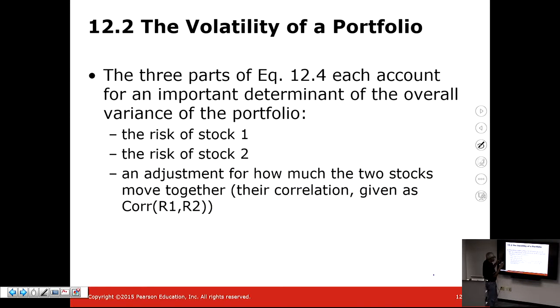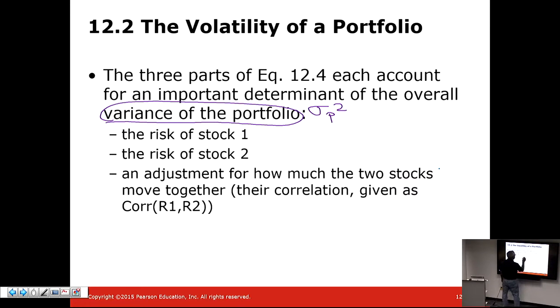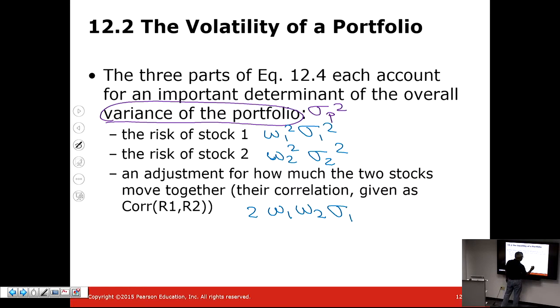So the overall variance of the portfolio, or the risk of the portfolio, sigma P squared, is made up of 3 components. Component 1 is W1 squared, sigma 1 squared. Component 2 is W2 squared, sigma 2 squared. And component 3 is 2 times W1, W2, sigma 1, sigma 2, correlation 1, 2.